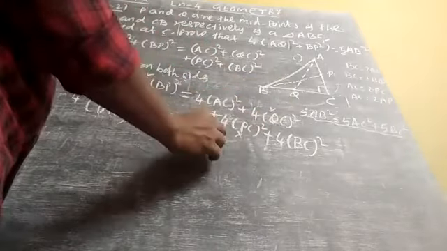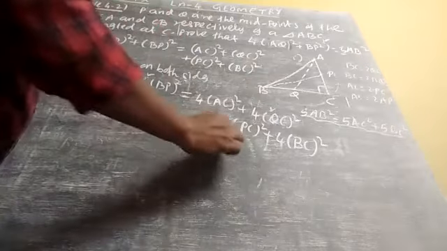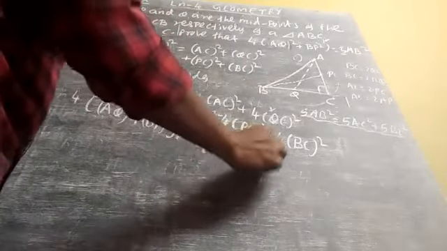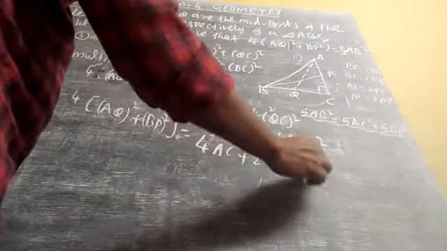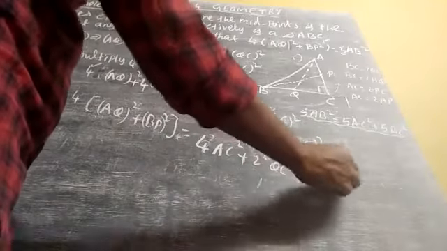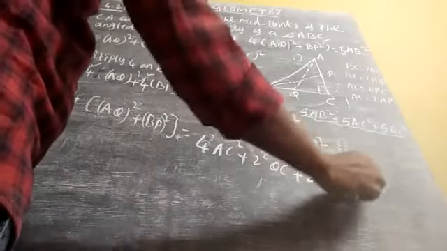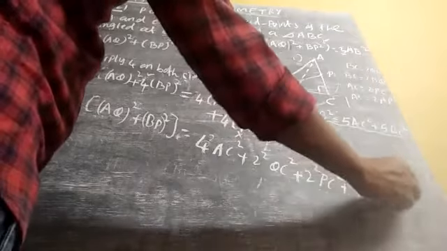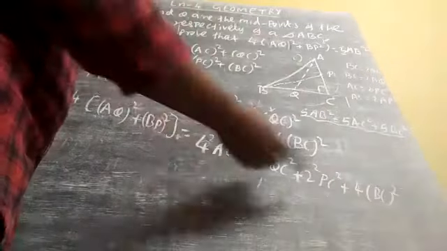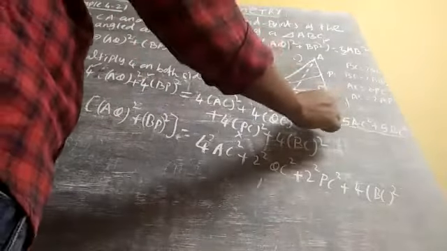So 4(AQ square plus BP square) equal to 4AC square plus 2 square QC square plus 2 square PC square plus 4BC square. AC and BC don't change because I have to make AB square.